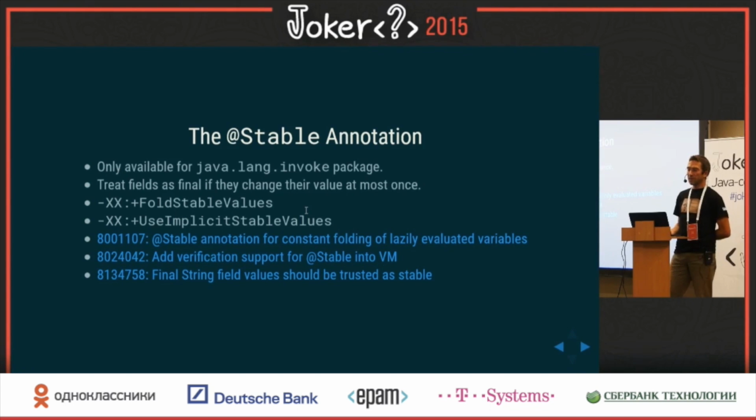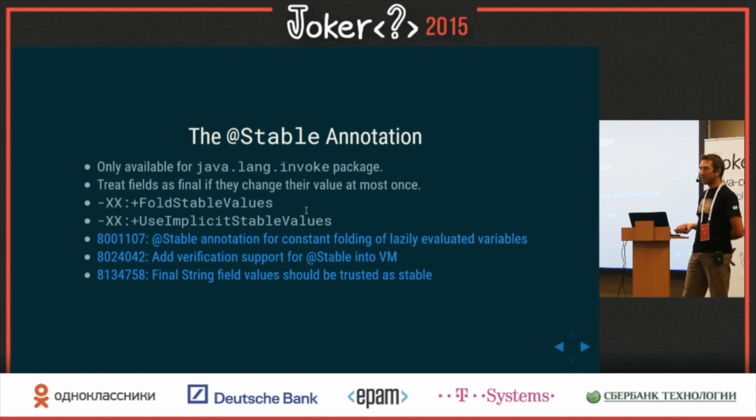The problem with the Stable annotation, as mentioned by Alexei yesterday, is that it only works for fields which change their value at most once. And for detecting this, the JIT compiler checks that fields don't have their initial value, that means they are not 0 or null for objects.